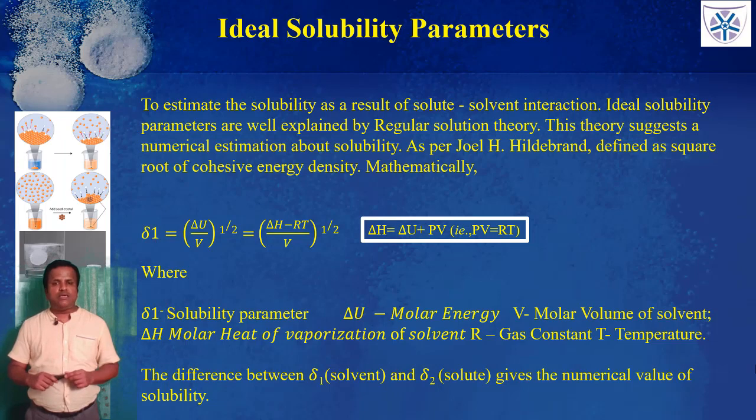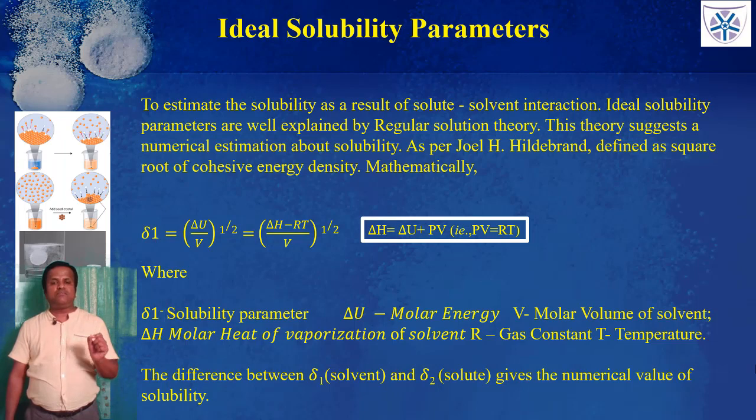This is the Hildebrand equation to find the ideal solubility parameters. Where delta 1 is the solubility parameter, delta U is the molar energy, V is the molar volume of the solvent, delta H is the molar heat of vaporization of the solvent, R is the gas constant, and T is the temperature.